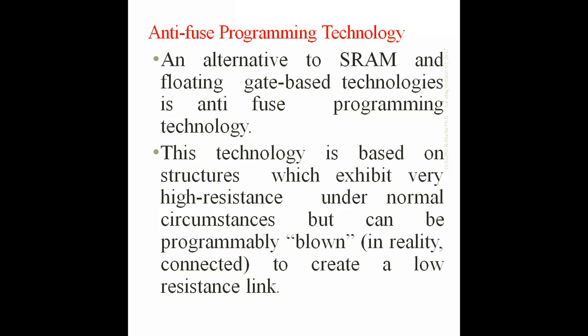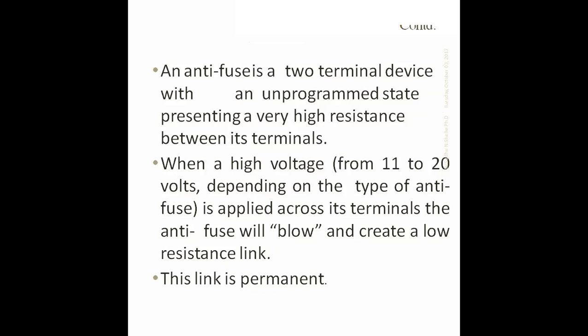This technology is based on a structure which exhibits a very high resistance under normal circumstances, but can be programmed to create a low resistance link. An anti-fuse is a 2-terminal device with an unprogrammed state presenting a very high resistance between its terminals.